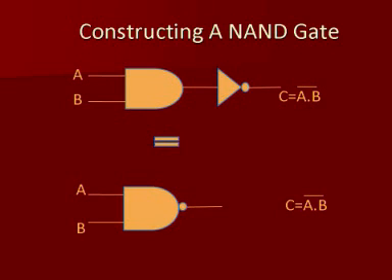For this, we connect the output A into B of an AND gate to the input of a NOT gate. The output is now (A into B) whole bar. This combination of AND and NOT gate is represented by the logic symbol of NAND gate, which is formed by putting a bubble at the output of an AND gate to denote the inversion.